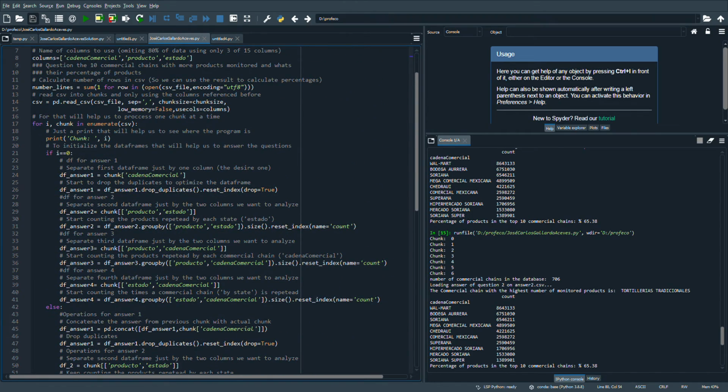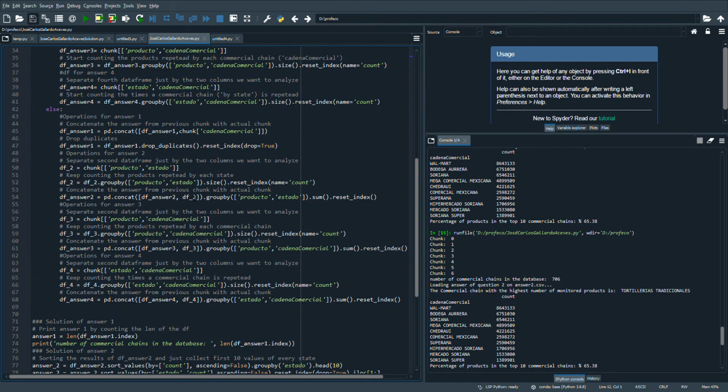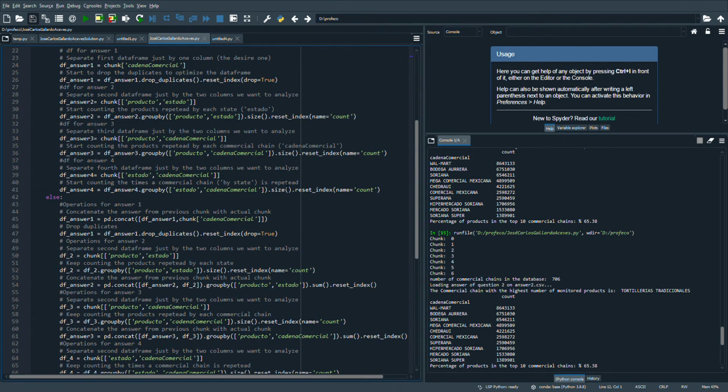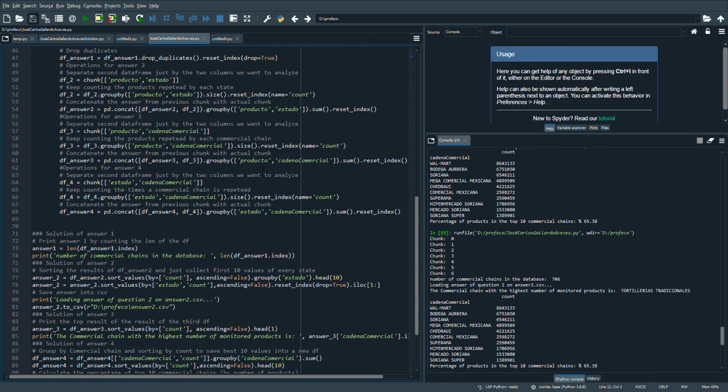First, I calculate the number of lines in the CSV, so that was the total of products. And then I create a data frame with the state and commercial chain, and create counts of these.